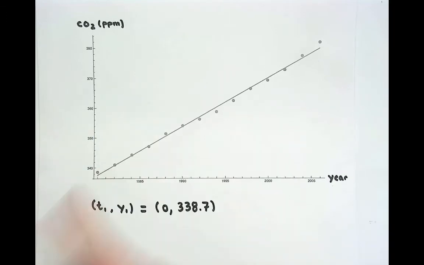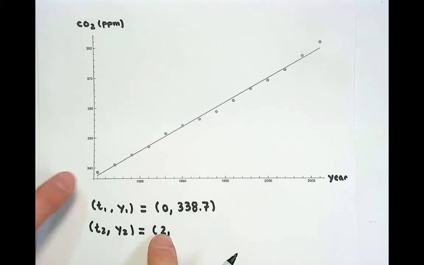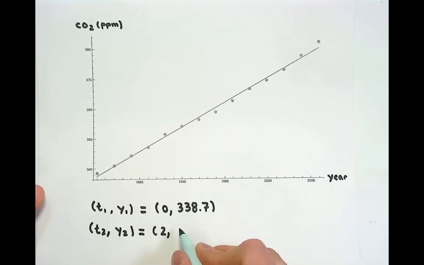Here, the second one, we had this as T2, and you can rewind this video to confirm that I'm not lying to you. I would encourage you to do that. Okay, the second year was 1982, which is 2 years after the start. And then the amount of CO2 in the atmosphere of this observatory average was 341.1.